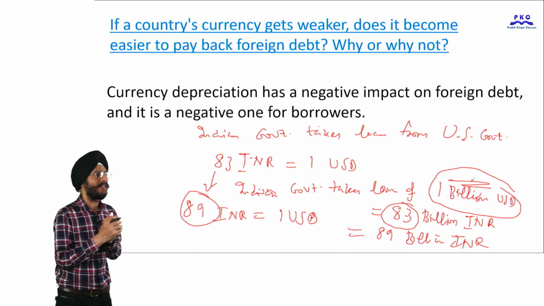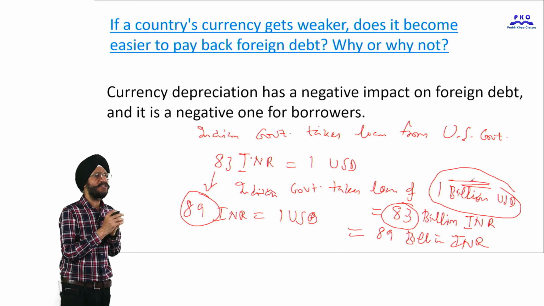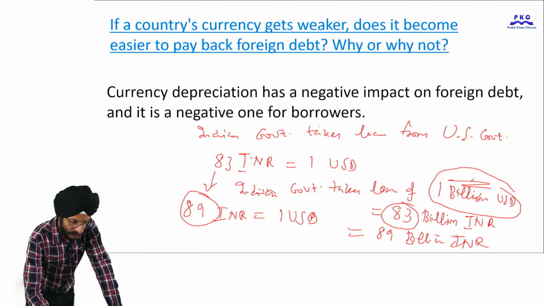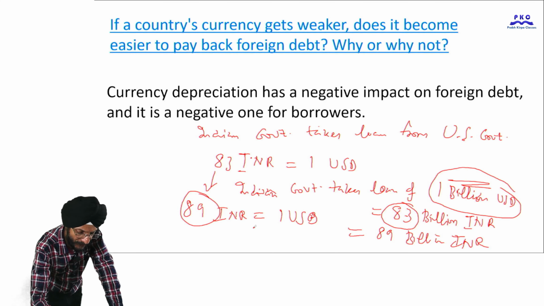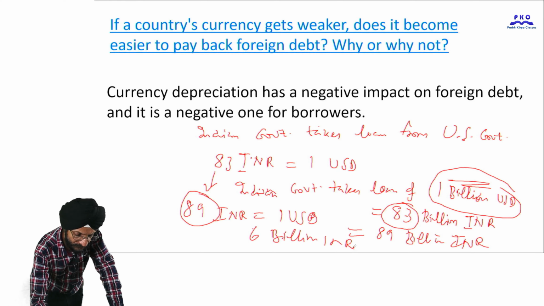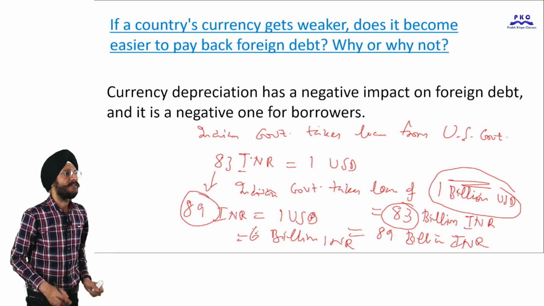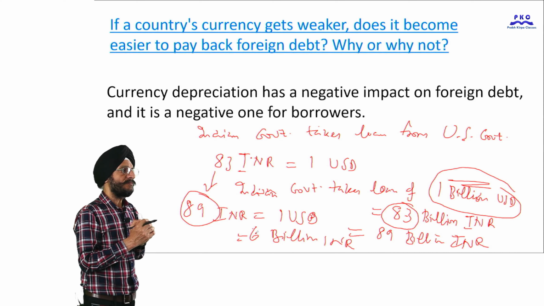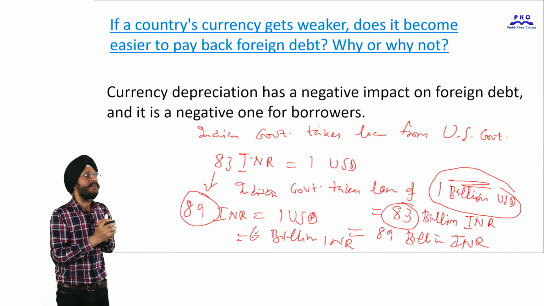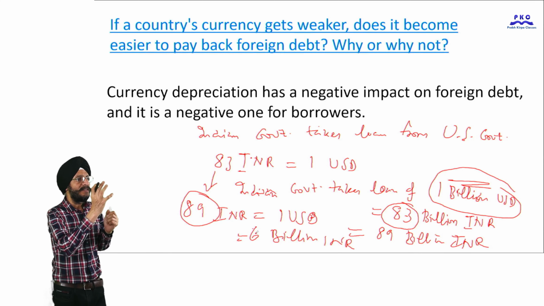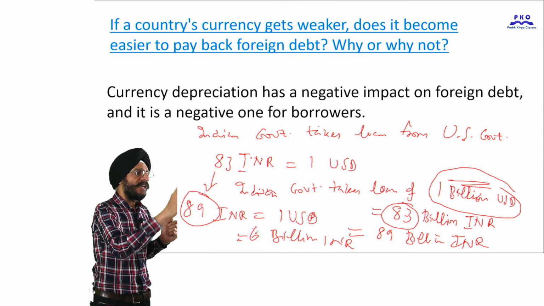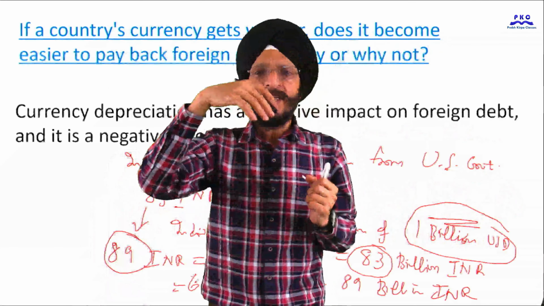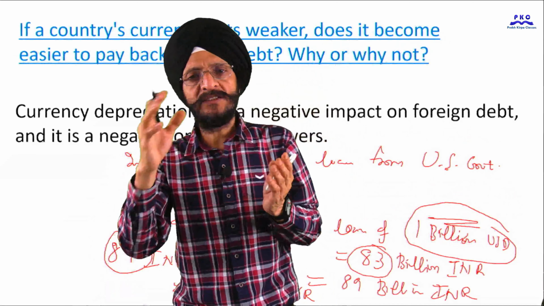So what has happened after depreciation of the Indian currency? The Indian government will have to pay out 6 billion Indian rupees more towards the repayment of the loan. So the Indian government will be left with less amount for investment, infrastructure development, or other social programs.